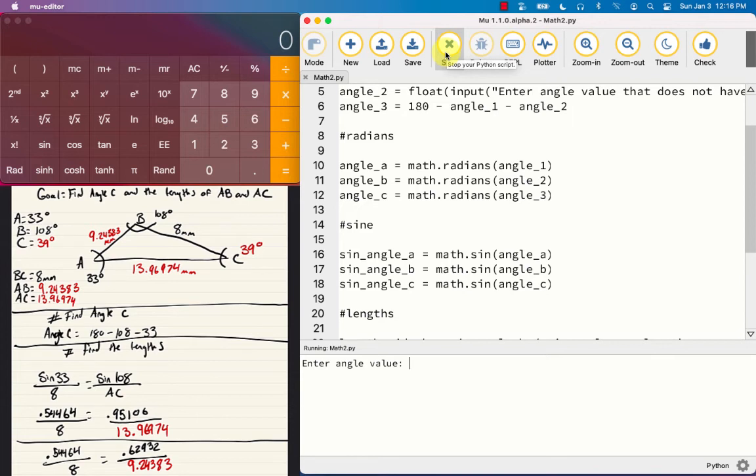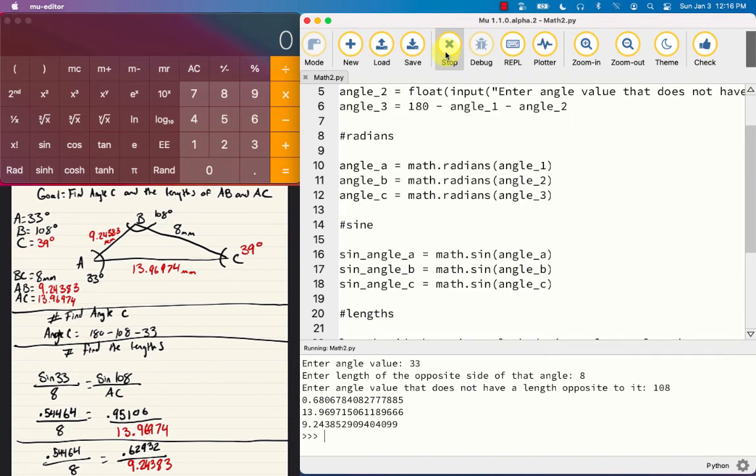So enter the angle value. Well, 33. And what's the value to the side opposite of it? It's 8 millimeters. And the angle value that does not have a length opposite to it, that was 108. So what do we have here?